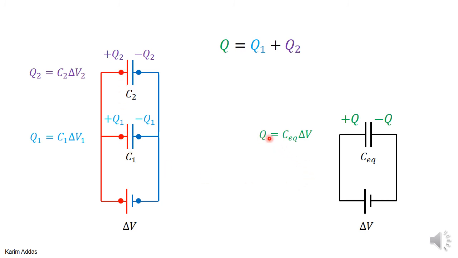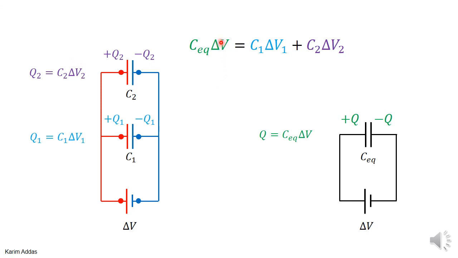We know that Q is C equivalent delta V, for capacitor 1, Q1 is C1 delta V1, and for capacitor 2, Q2 is C2 delta V2. These are the relations for each capacitor. So we can replace Q by C equivalent delta V, Q1 by C1 delta V1, and Q2 by C2 delta V2.